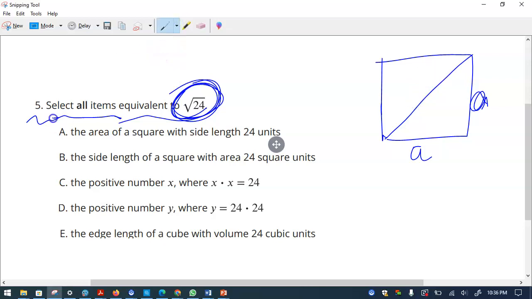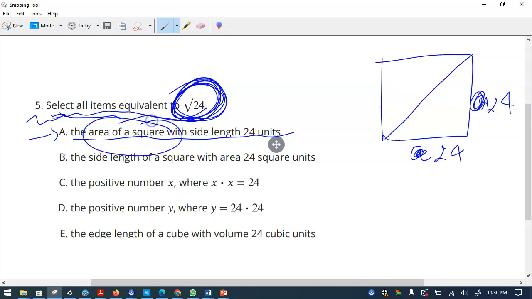Let me explain. Select all the items equivalent. Let's take one at a time. The area of a square with side length 24. That means if this is 24 and this is 24, he's saying it is the area. So the area will be 24 times 24, quite a big number. So this cannot be equal to square root of 24.